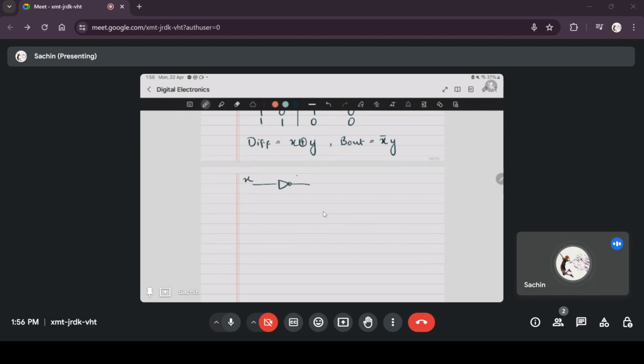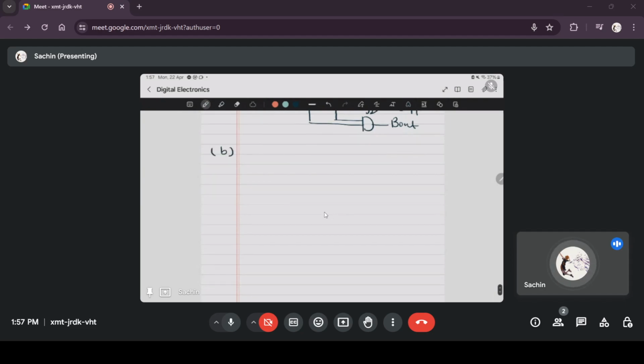You have x bar, then y, x XOR y is the difference output, and x bar y is the borrow output. That's a half subtractor.